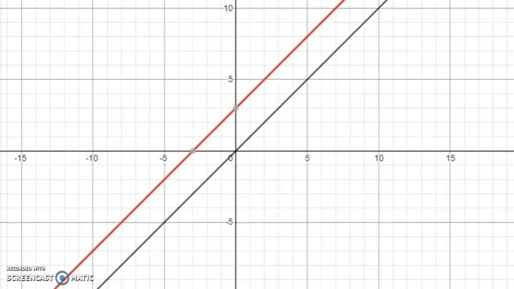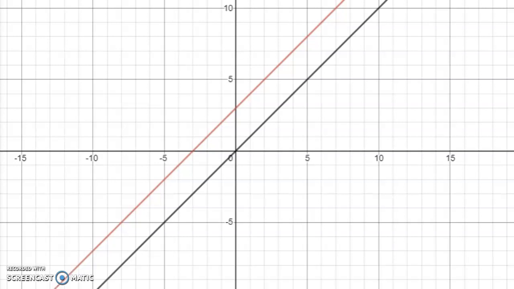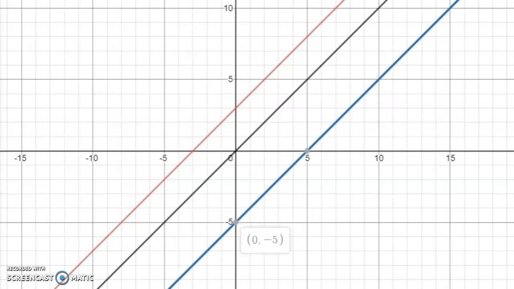It goes 1, 2, 3, up for your x plus 3. Then x minus 5, turn that on, and it's down 5. So that's the translation of moving it up 3 or down 5, even though your parent function is right there.